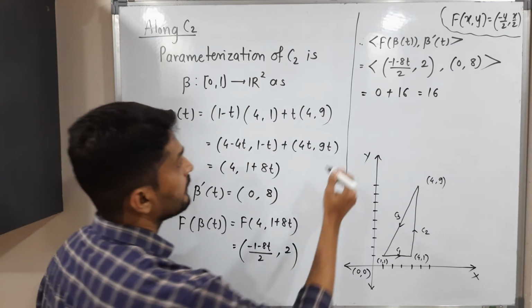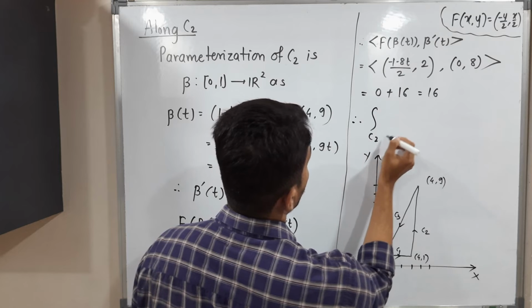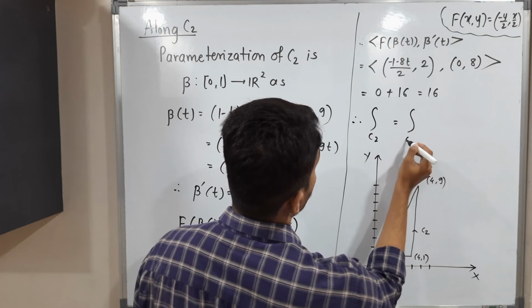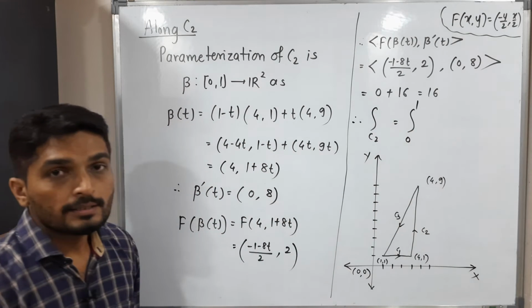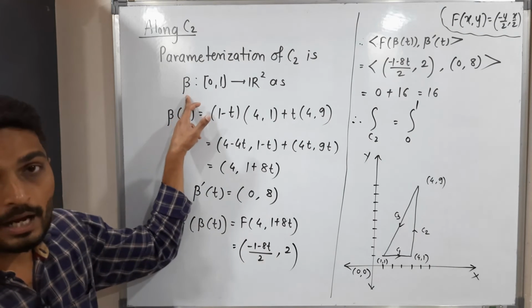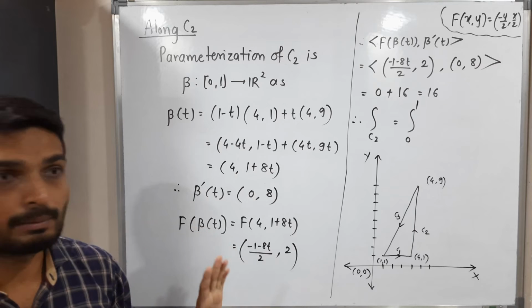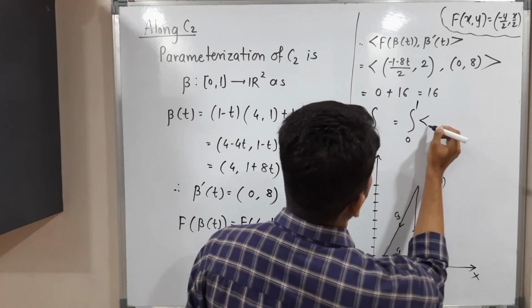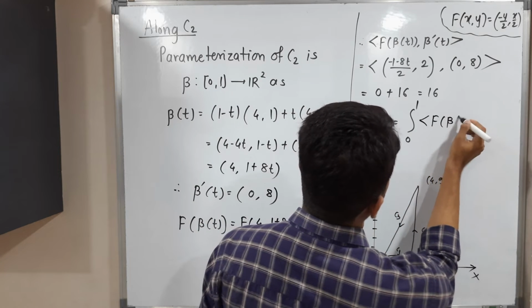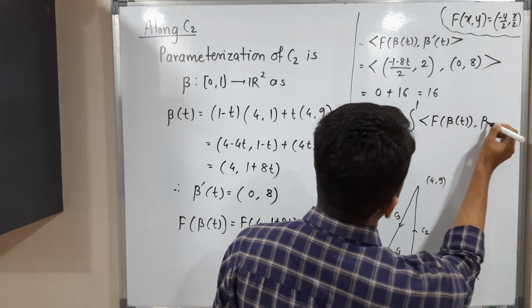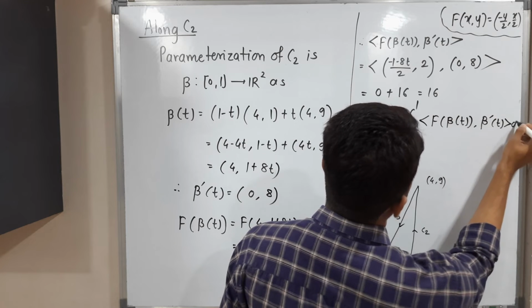So let us find the line integral. Integration over C2 is equal to the integral, and I should write the limits 0 to 1, since we have the parameterization beta defined on the closed interval [0, 1]. So that's why I should write the same limits there. And the inner product of f of beta of t comma beta dash of t, dt.